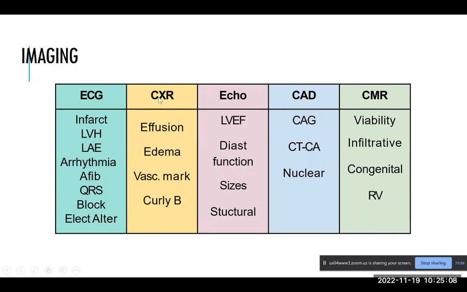Your chest X-ray might show effusion, edema, increase in vascular markings, and Kerley B lines. Echo is a cornerstone in your investigation. You should evaluate your EF there and see the diastolic function, sizes of the chambers, and any structural abnormality. Coronary artery disease, you should rule it out by doing coronary angiography in selected patients, CT for intermediate possibility, and nuclear scan for those patients who might have some risk factors.